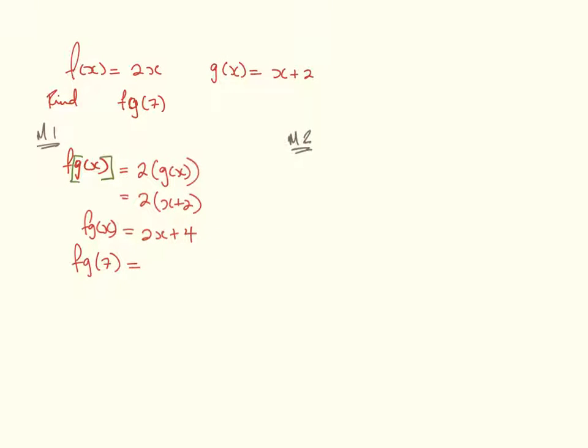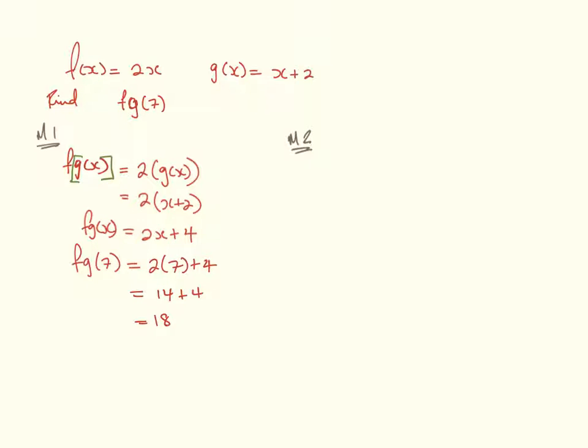So now I'll need to replace this x with the number 7. So now I'm going to have 2 times 7 plus 4, which gives us 14 plus 4, which is 18. Now that's the first method.